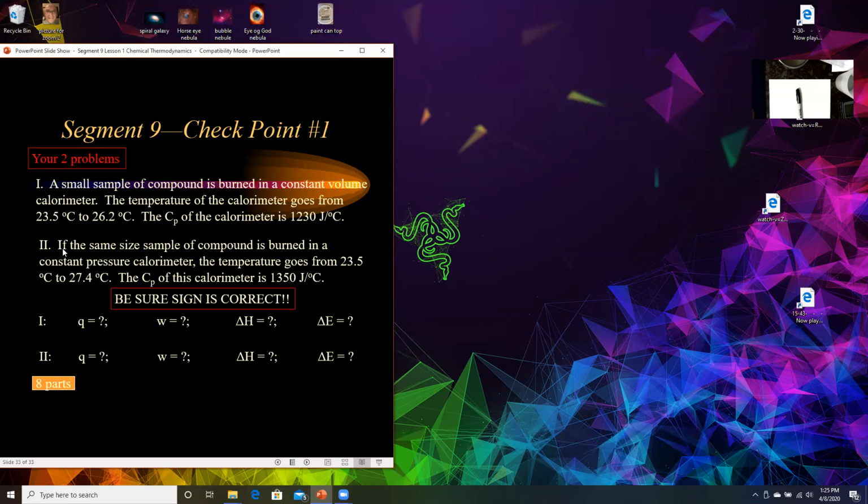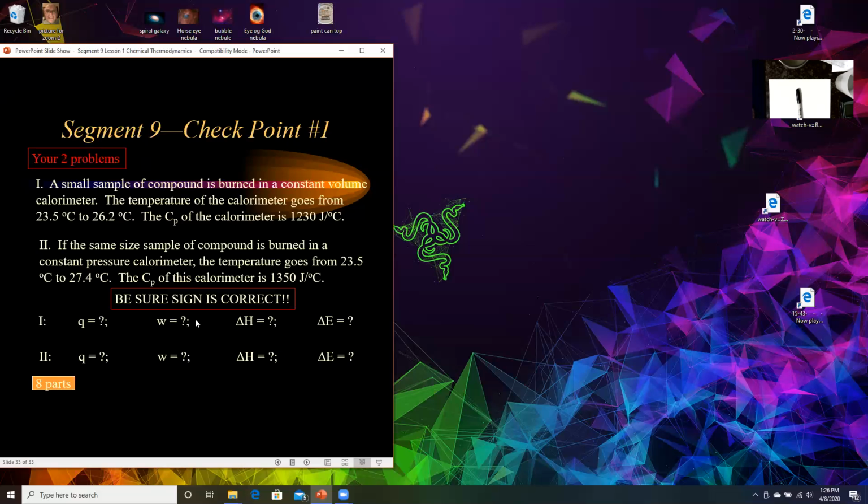Now this one, if the same size sample is burned in a constant pressure calorimeter, temperature goes from here to here. And this is the heat capacity of the constant pressure calorimeter. It's a different number. So now, carry out this reaction, and when you do it at constant pressure, you're going to get a Q, and that's going to also give you one of the others.